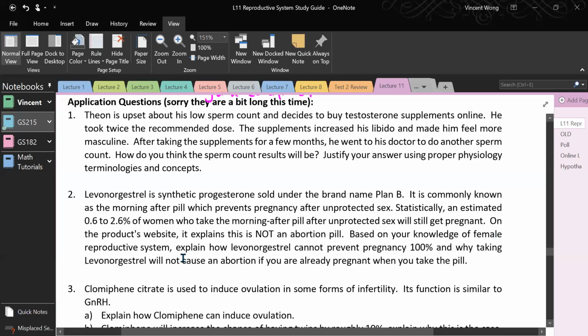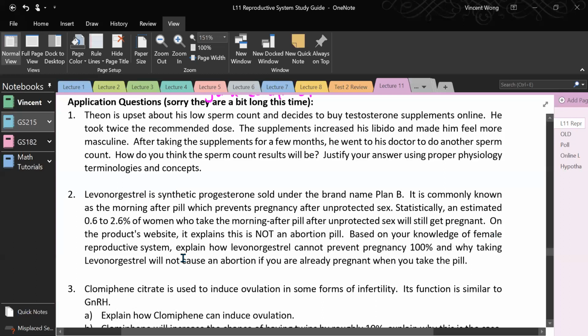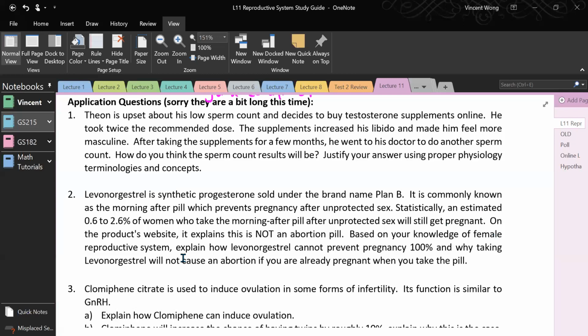Well, I was going to say it's because the process repeats, so maybe the LH and FSH won't be fully suppressed. It only reduces the chances, but it's not fully suppressed because the process repeats.